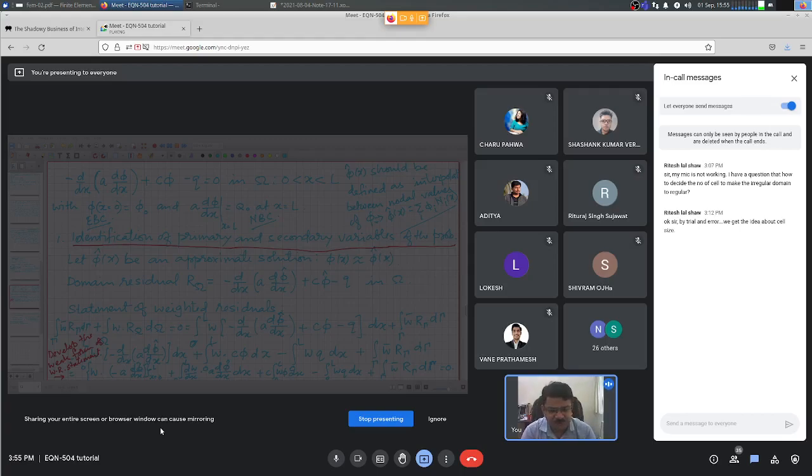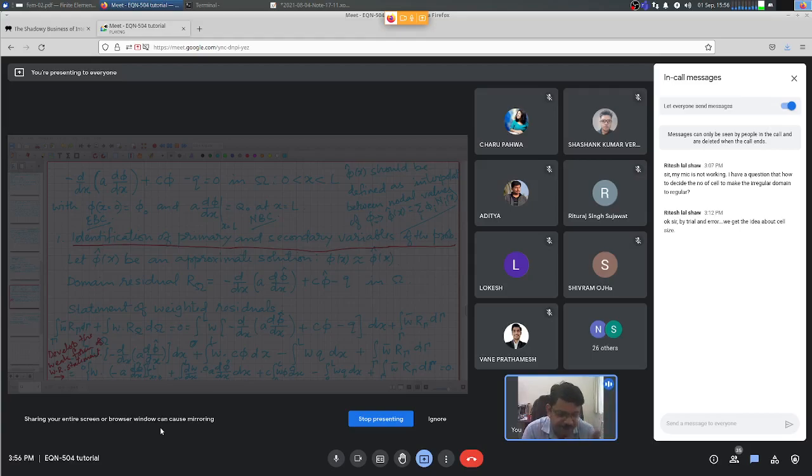Right? So, coming back to the question, the unknown of the governing differential equation need not always be the primary variable, and even for the standard formulation that we are discussing, there can be more than one primary variable of the problem.